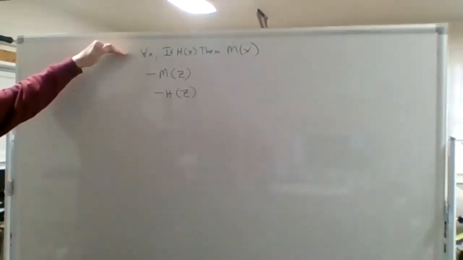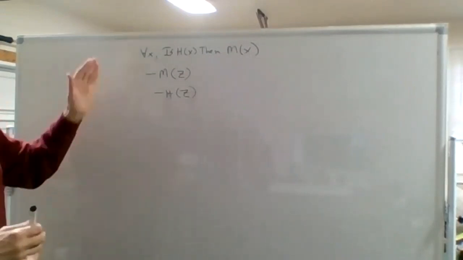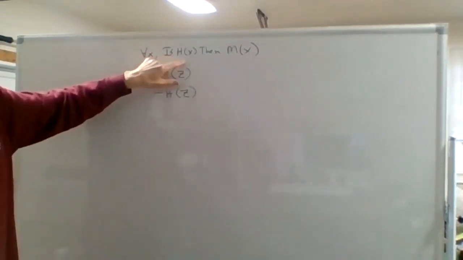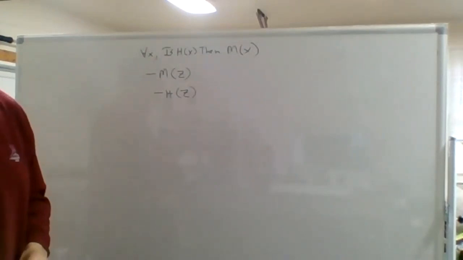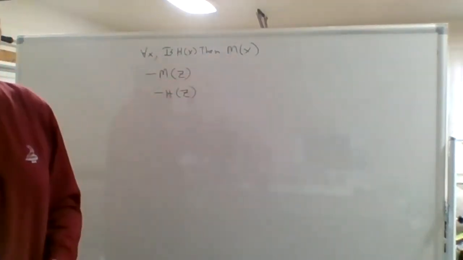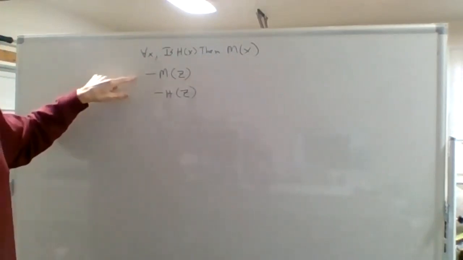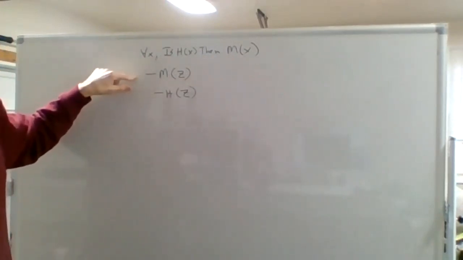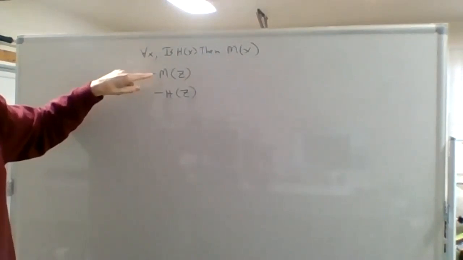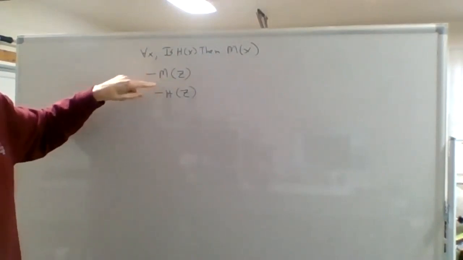So again, our universal statement is: for all x, if h(x) is true, in other words, x is a human, then m(x) is true, x is mortal. Then we have our particular instance, z. So Zeus is not mortal.